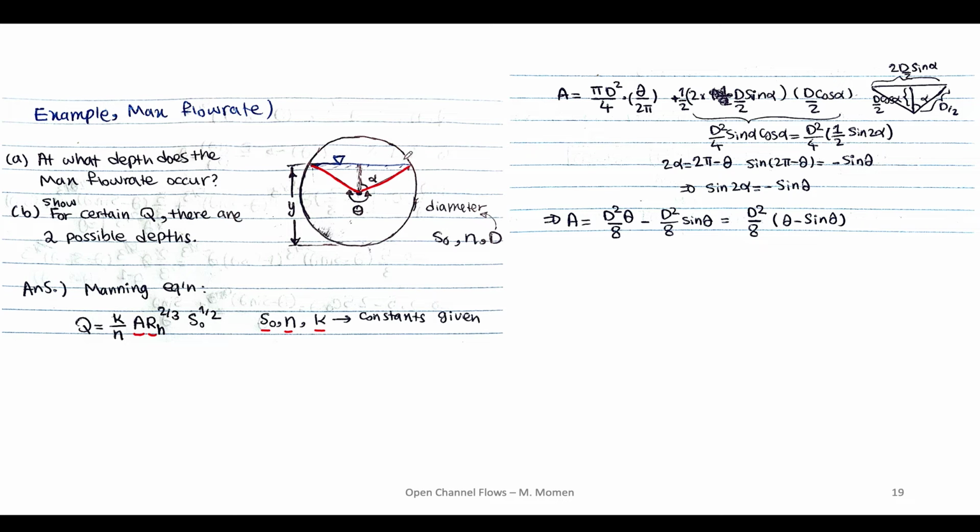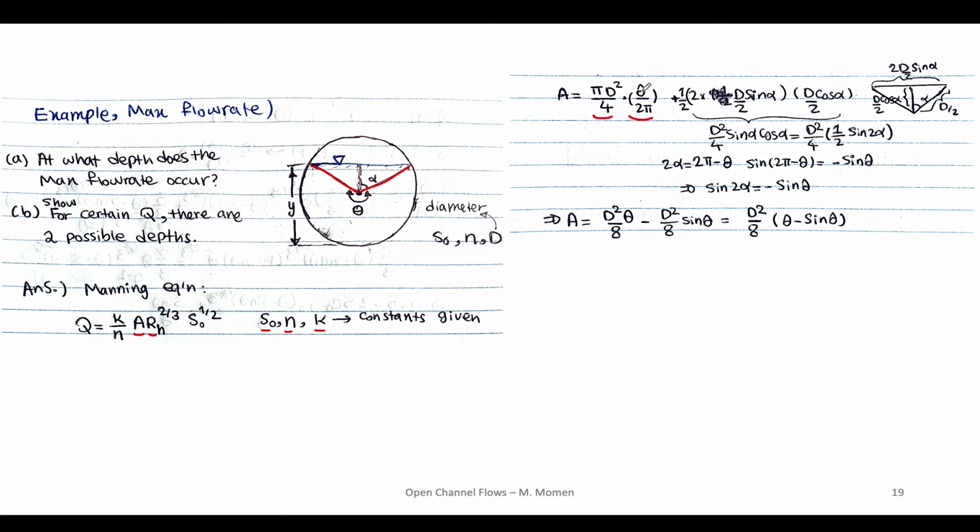So it's going to be the area of the whole circle, which is pi d squared over 4, right? And I have theta over 2 pi of that. So I just multiply it by theta over 2 pi. If theta is 2 pi, this factor is going to be 1, so we get the whole area of the circle.